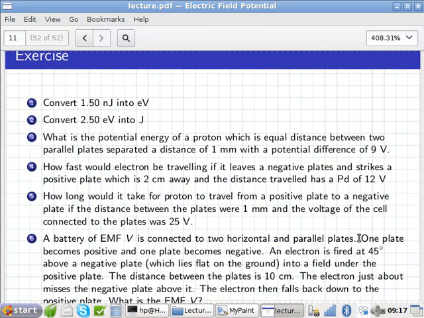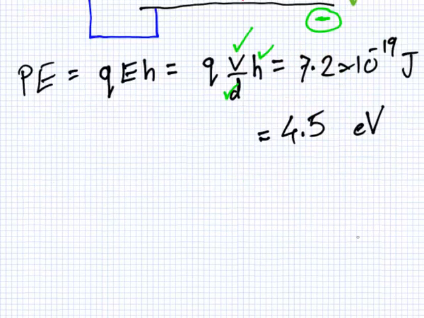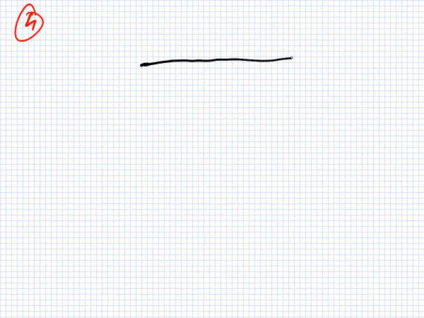So the next one, how fast would an electron be travelling if it leaves a negative plate and strikes a positive plate, which is 2 centimeters away, and the distance travelled has a potential difference of 12 volts? What did I say leaves the plate? A proton?